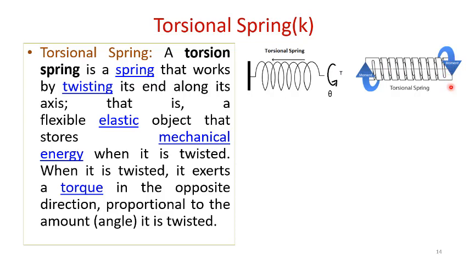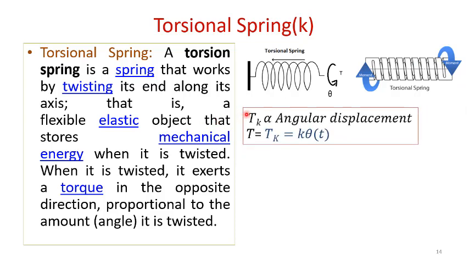The force is going to be perpendicular to the axis of the spring, hence the moment will be acting at the end. The farther the distance, the more will be the moment acting on the spring.